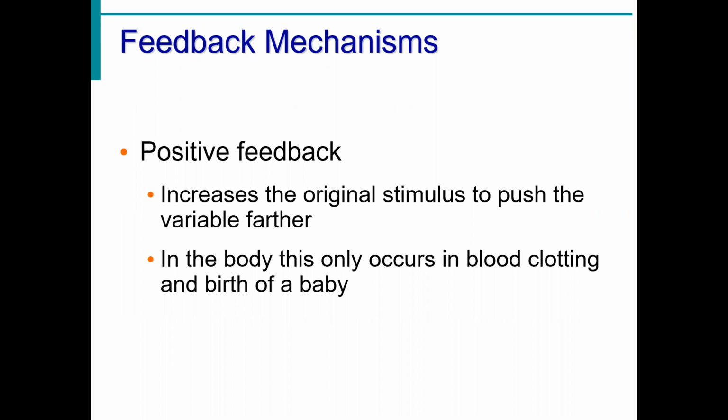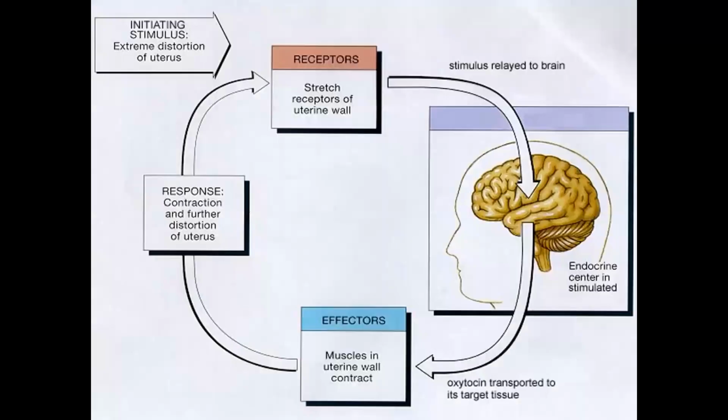These contractions and so forth are going to continue to increase and signal for the dilation to continue and the movement of this baby through the birth canal. That's a positive feedback mechanism. Okay, so again, we have this system here where our brain is the control, right? We've got an initial stimulus, okay?